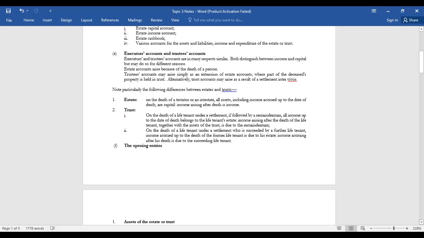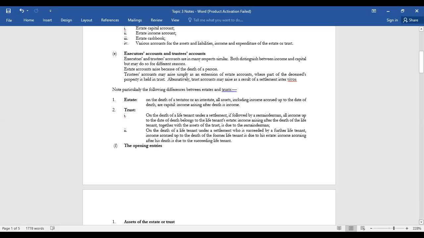Now, on the death of a life tenant in a settlement, we are talking of a settlement that is not inter vivos, where he is succeeded by a further life tenant. So we have two life tenants. The first one dies, another life tenant takes over. So the income accrued up to the death of the former life tenant is due to his estate.